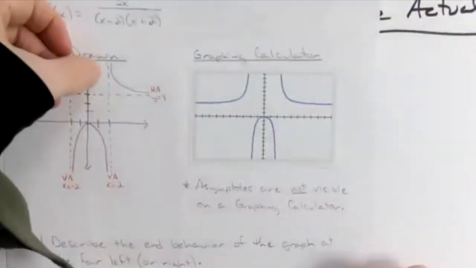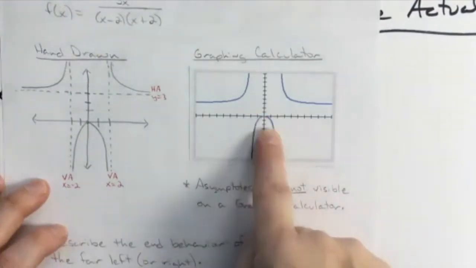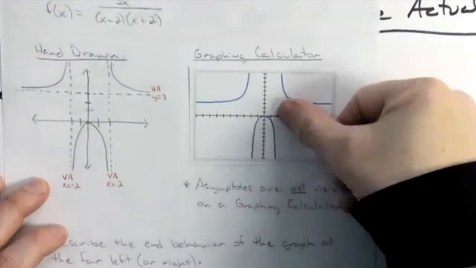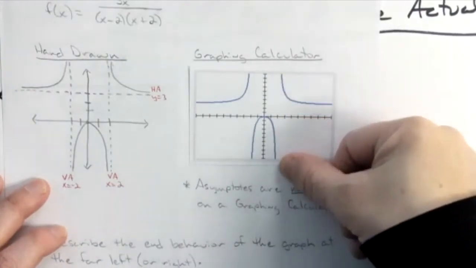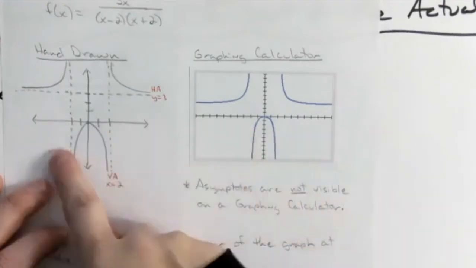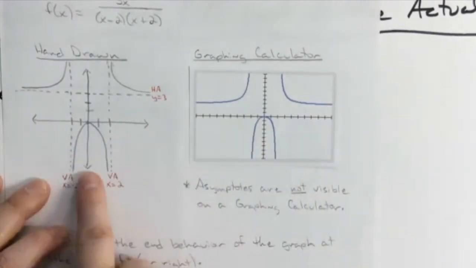Down here, you're coming down, getting infinitely close to that x equals 2 line, but it's not touching it. That's the difference between what it looks like in a graphing calculator window versus when you draw them by hand.